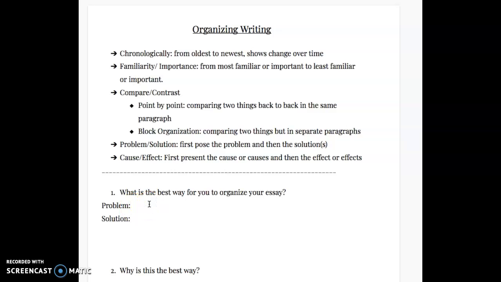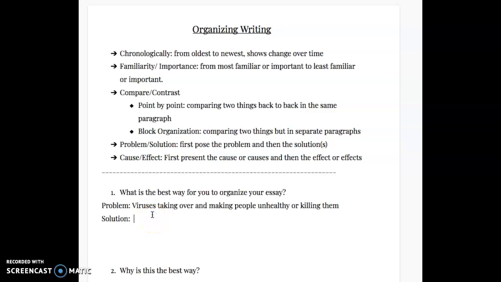So the problem that I'm researching is viruses. The problem is viruses taking over and making people unhealthy or killing them.